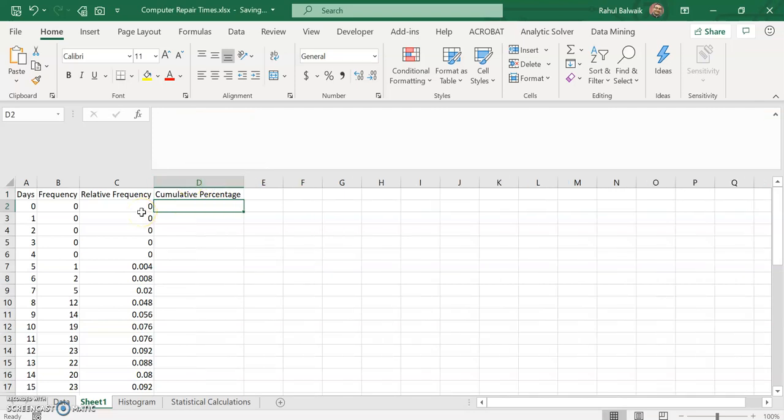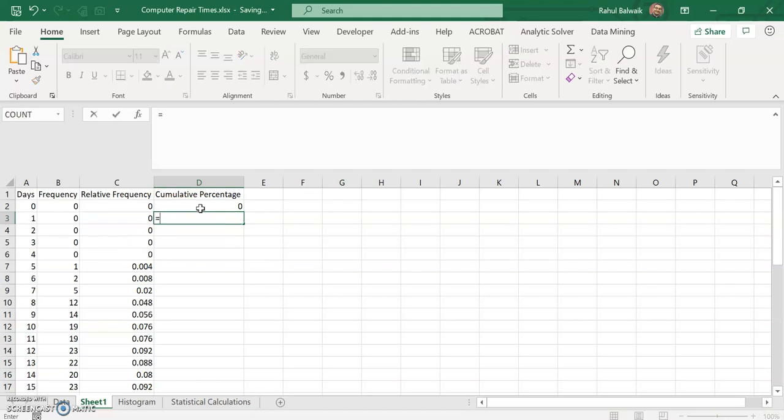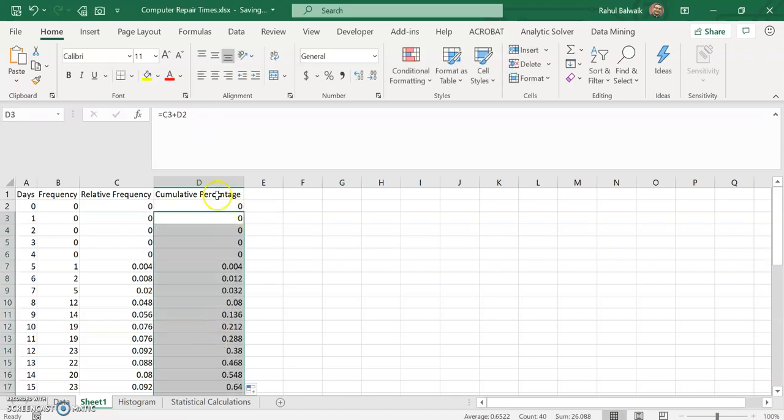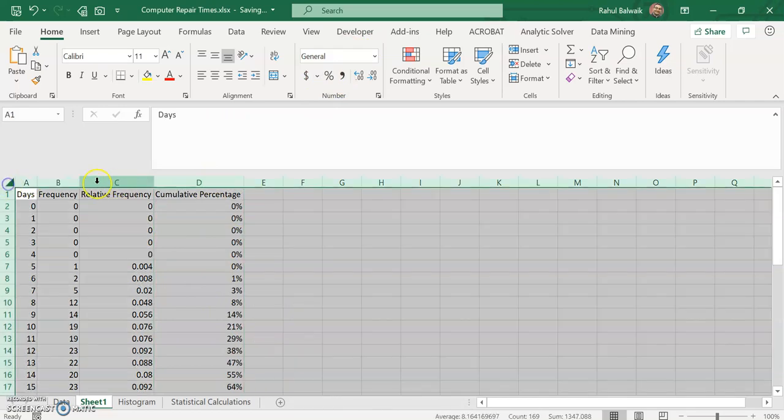Cumulative percentage is nothing but the accumulation of the percentages. So here this will be 0, here it will be this plus this, and that's how we find out the cumulative percentage. So make it a percentage value, and that's about it.